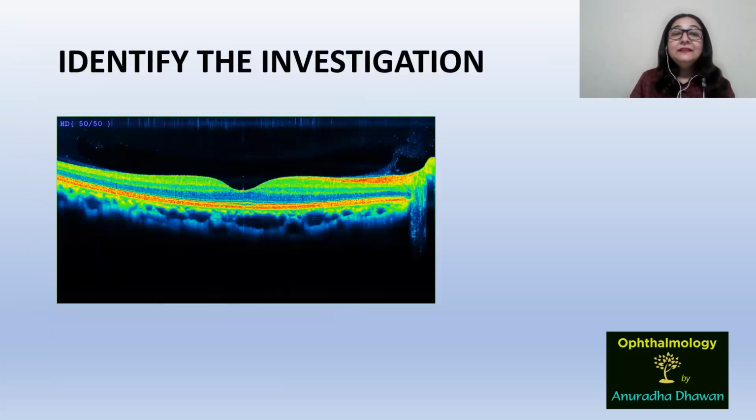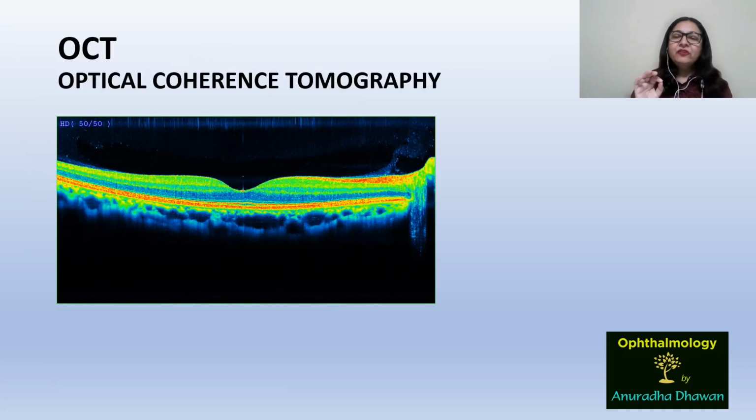Now, identify this investigation. Another important investigation which can be asked over here. So if you notice over here, you are seeing a layered structure which is showing many layers. Okay, and there is a curve in the center. Now this multiple layered structure is your retina. This is your retina, and this is the image of OCT, or optical coherence tomography. Okay, so in optical coherence tomography, the different layers of the retina, retinal pigment epithelium, photoreceptor layers, and other layers, they can be visualized.